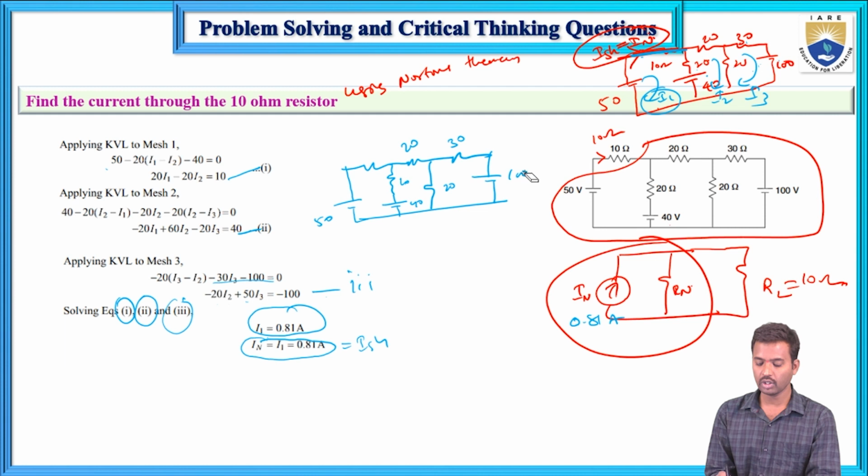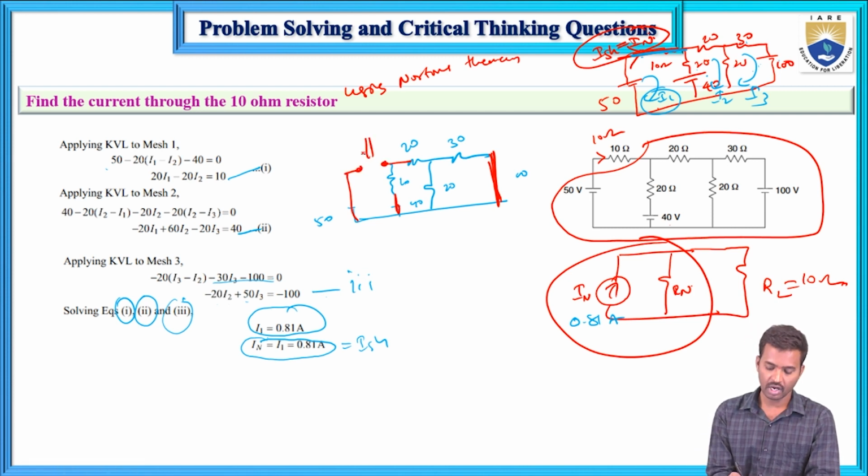Remove the load resistance, the 10 ohms, and the voltage sources are replaced by short circuits. This one is also replaced by a short circuit. Remove the load resistance. This is the open circuit terminal voltage.